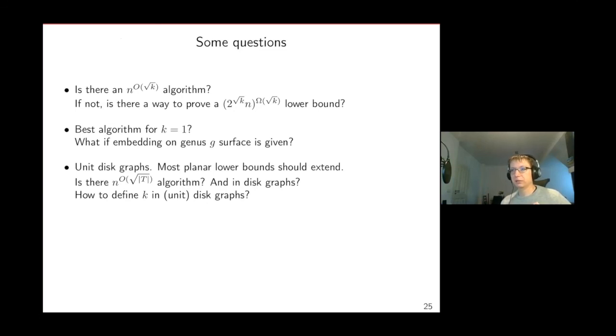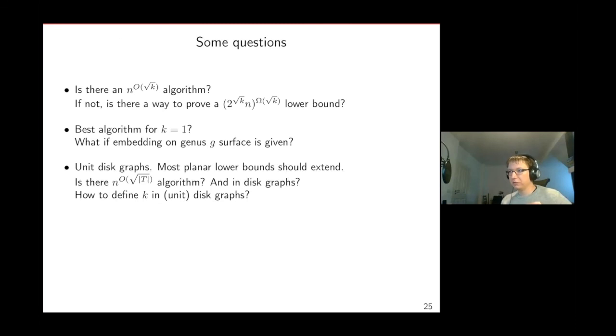So maybe the first thing to try would be to get this sub-exponential XP algorithm to work for unit disks. And well, ultimately, it would be nice to get it to work in disk graphs, so the common generalization of planar and unit disk graphs. But that could be somewhat hard.